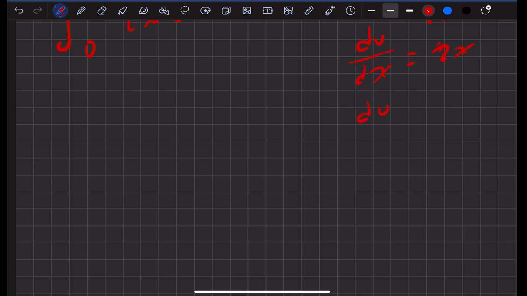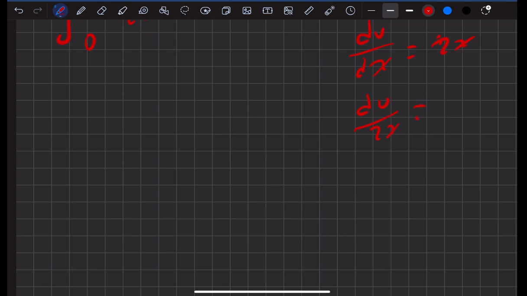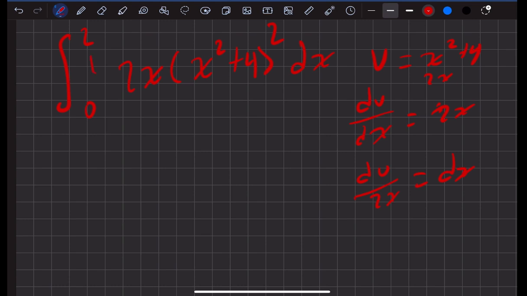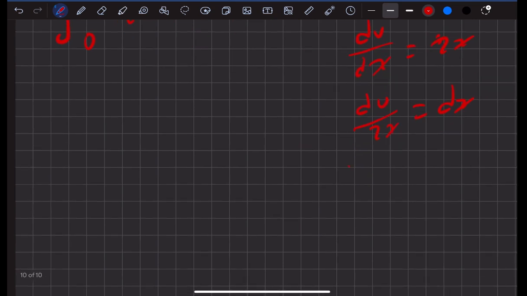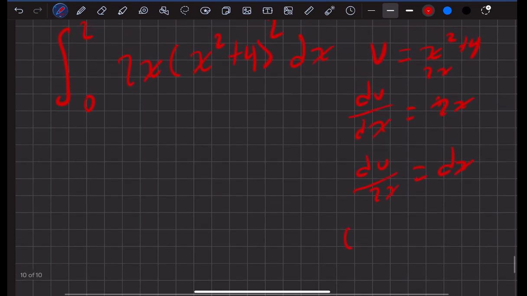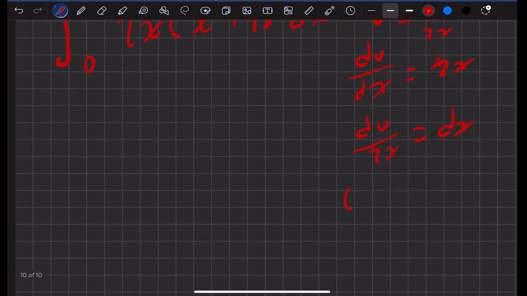So du over 2x equals dx. We have to change the equation so that it's integrating properly to our new u sub. So we're going to have to change this 2 and 0 here. And the way we're going to do that is take our original u sub, so x squared plus 4, and we're going to actually put in 2 and 0 and find the answers to those.